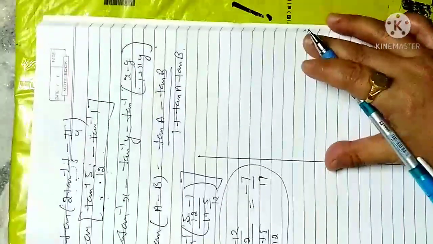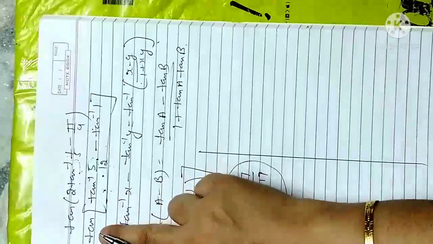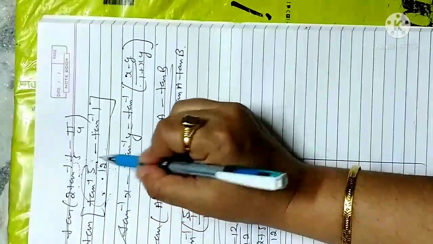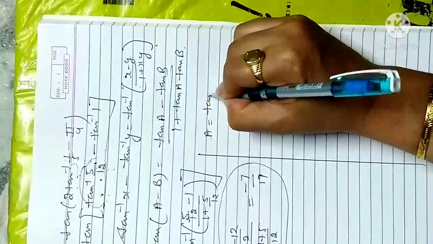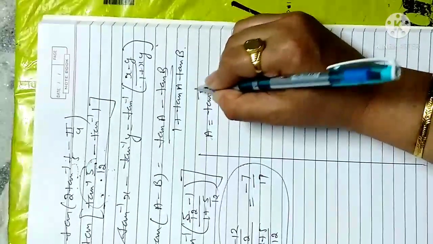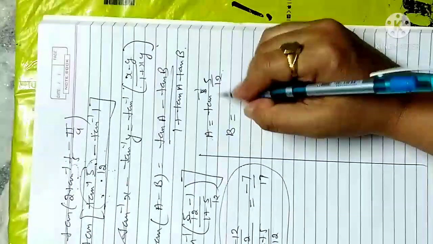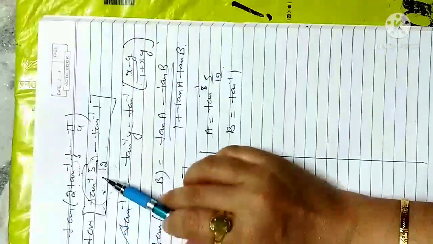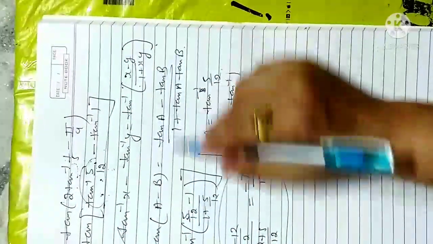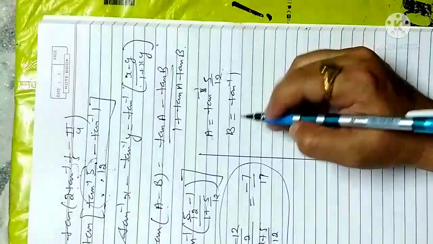But now if I use the other formula, what will I do? In this case, tan, this whole term I consider as a and this term as b. So a is equal to tan inverse 5 by 12 and b is tan inverse 1. When I apply the tan a minus b formula, I just replace the a and b values.